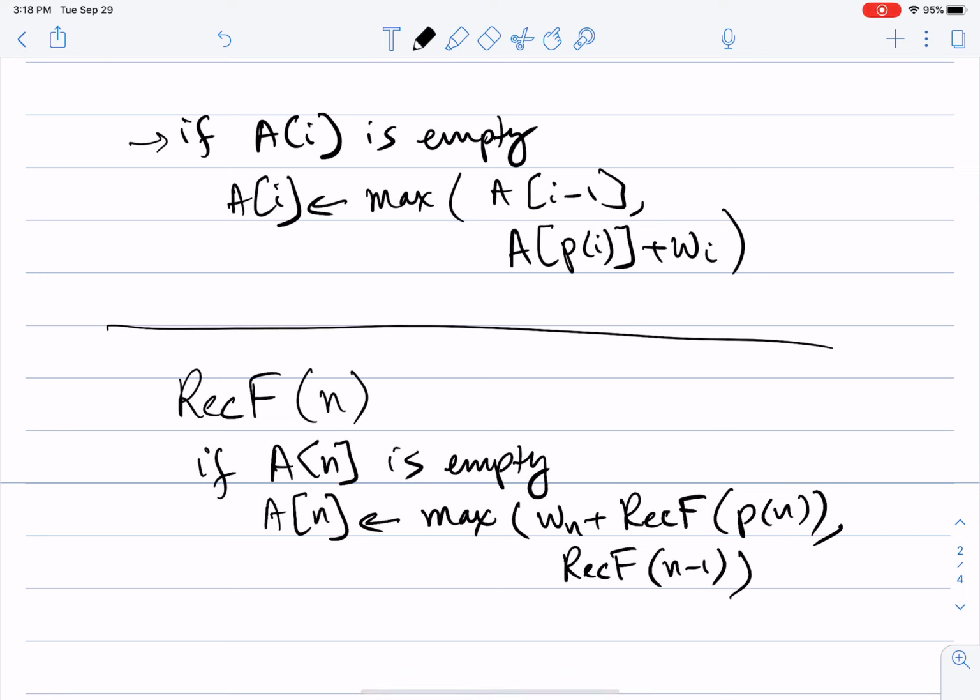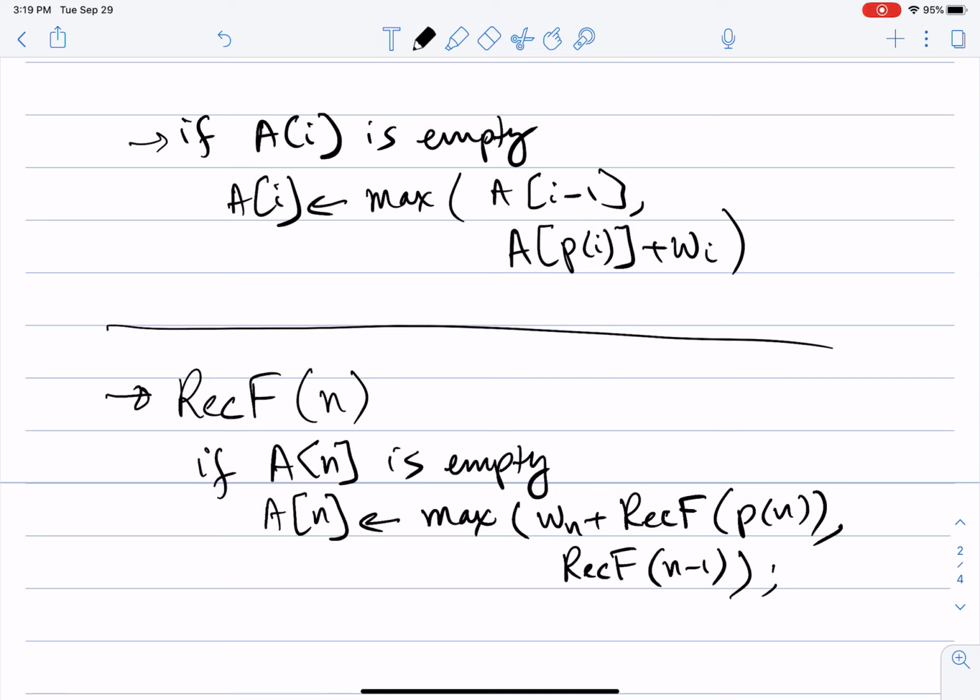But it's very important to read this carefully and see what's happening here. This is a recursive function that's called on n, and I want you to see what's the difference between this and the previous one. This function is going to go through this element n.